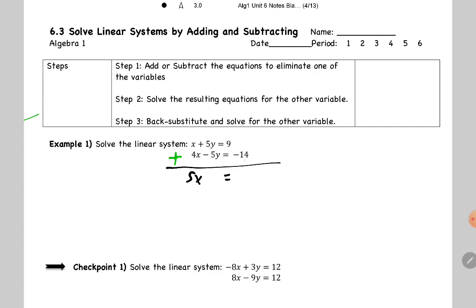And then 9 plus a negative 14 is negative 5. Okay, so I have 5x equals negative 5. So I divide both sides by 5 to get x equals negative 1.